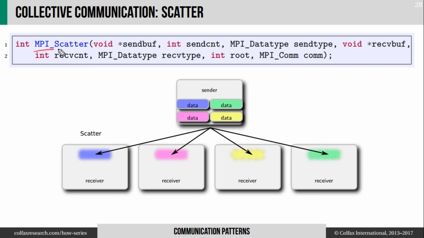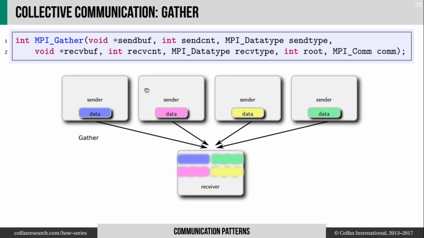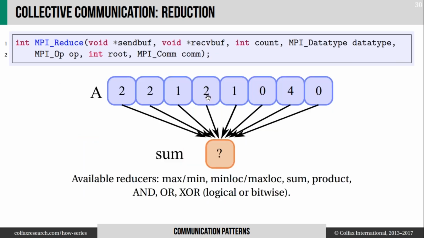There's many other collective communication routines. For example, scatter takes a data set, splits it into pieces, and sends different pieces to different receivers. The opposite operation is gather. It takes pieces of a data set and aggregates them as a bigger data set on a single receiver, all to one communication.